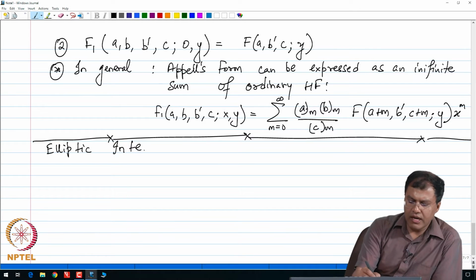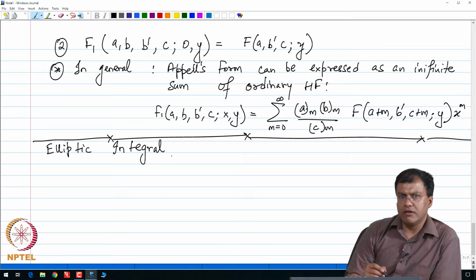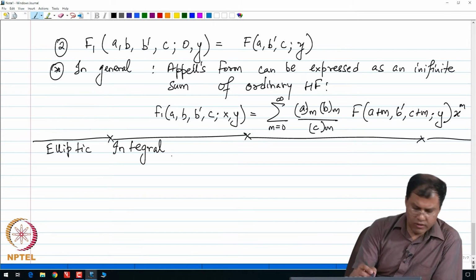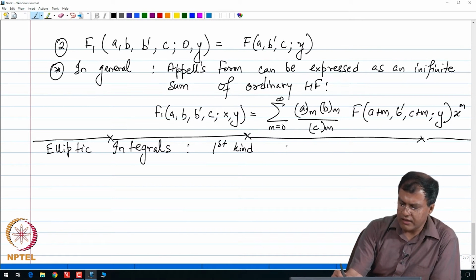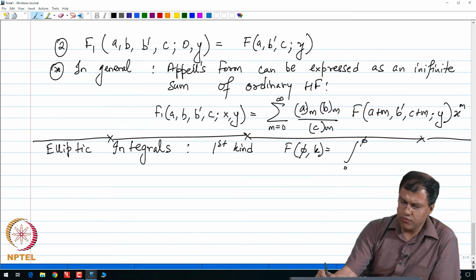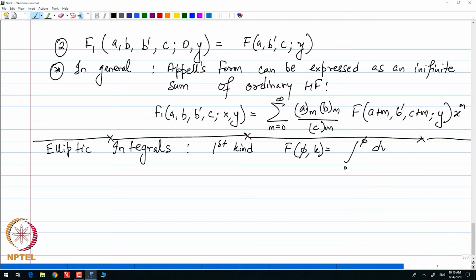I have written down the elliptic integrals of first, second and third kind. The first kind has the following form: F of phi comma k is the integral from 0 to phi of dv divided by the square root of 1 minus k square sin square v.